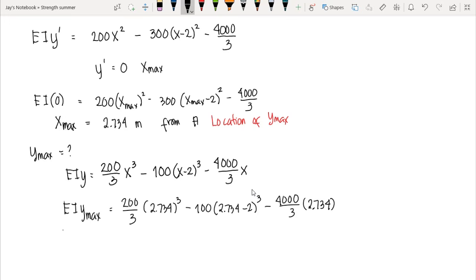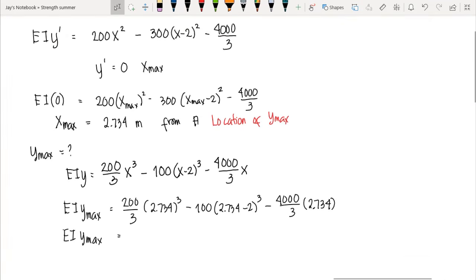So we have our maximum deflection with respect to flexural rigidity, which is equal to negative 2322.479. And this unit here is in Newton meter cube.